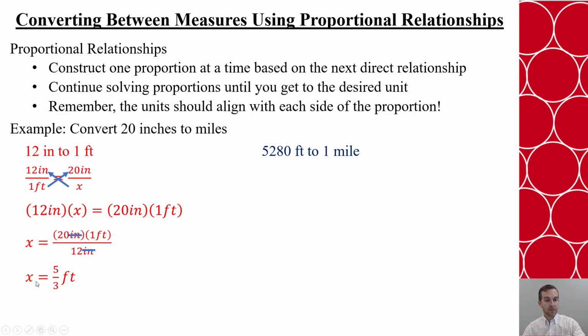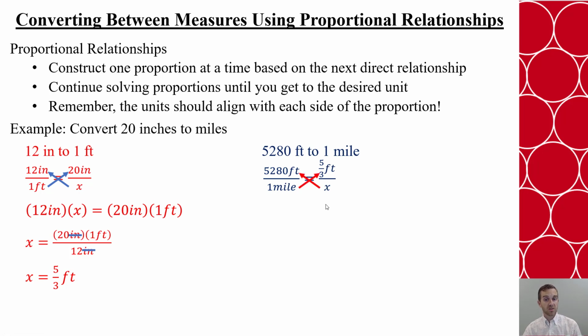Now that I have it in feet, I can convert it to miles by using a ratio of feet to miles equaling feet to miles. So I know that 5,280 feet equals 1 mile, or 1 mile equals the 5/3 feet to some unknown number of miles.